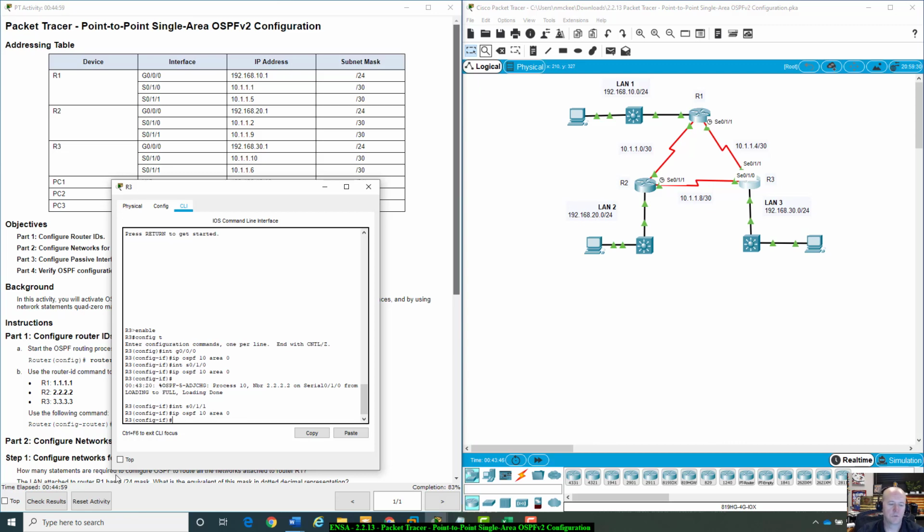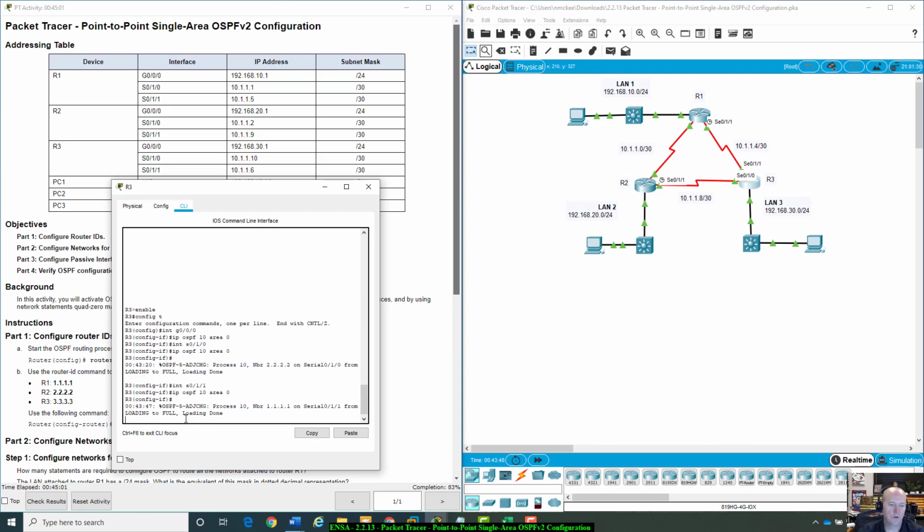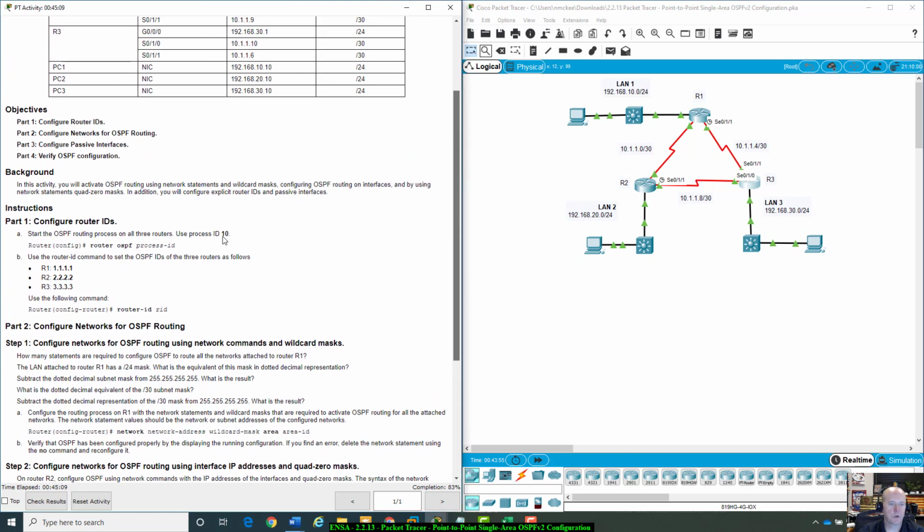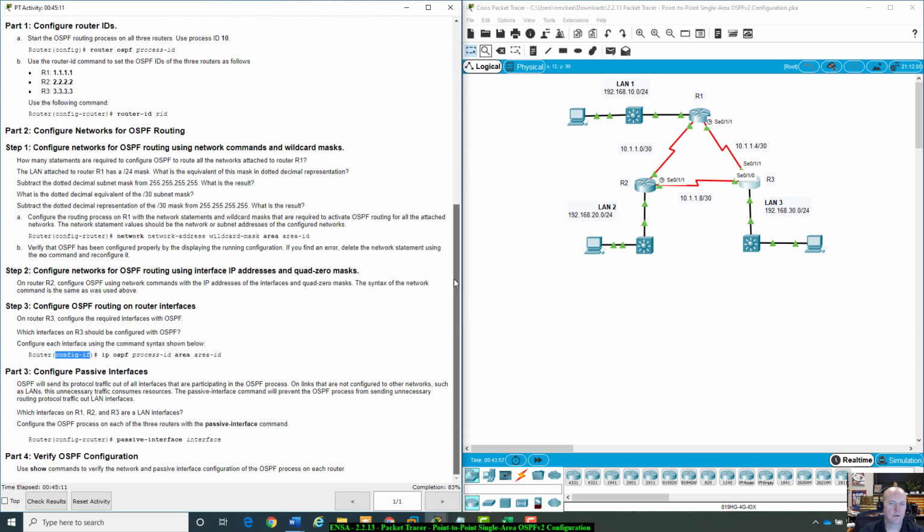So remember ip ospf, and then it told us our process ID, and then the area. Those get mixed up a lot of times. Just remember, process ID, best practice is to keep those the same, but you can change them if you want.